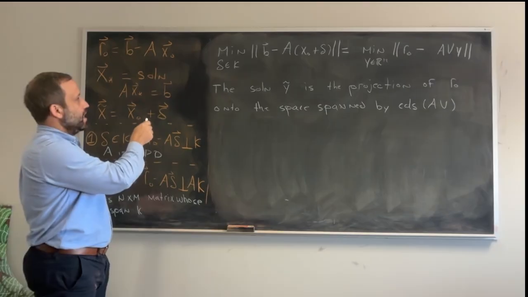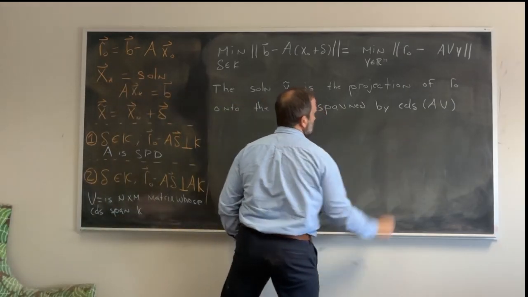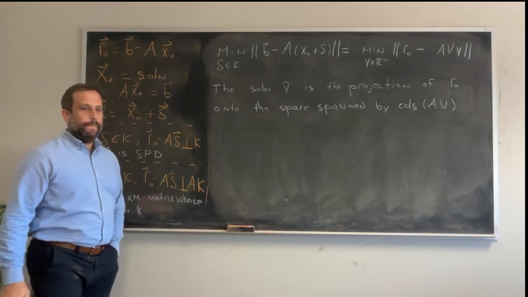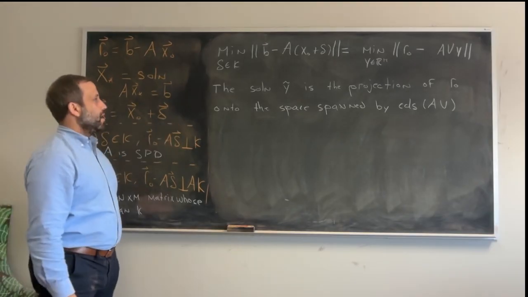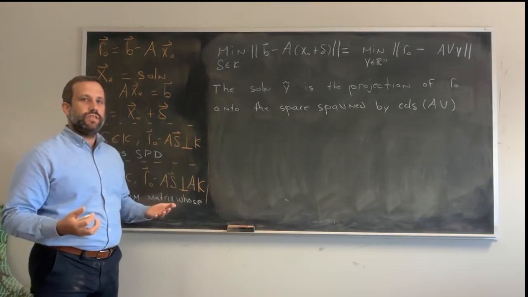So we could just say the solution Y tilde is the projection of R naught onto the column space of AV. Okay. Or the space spanned by the columns of A times V. But those are both the same thing.